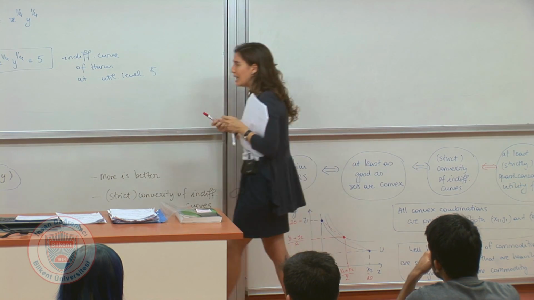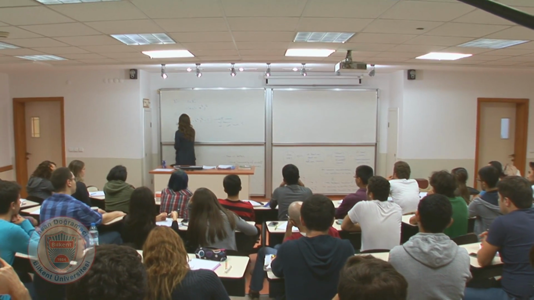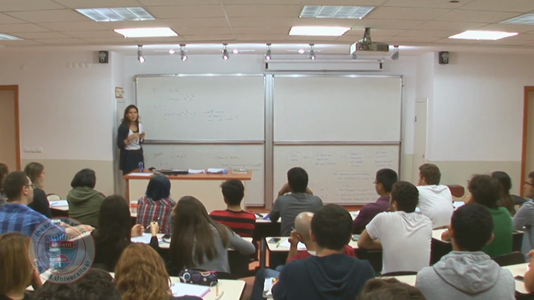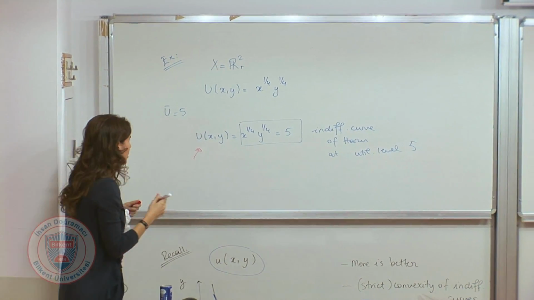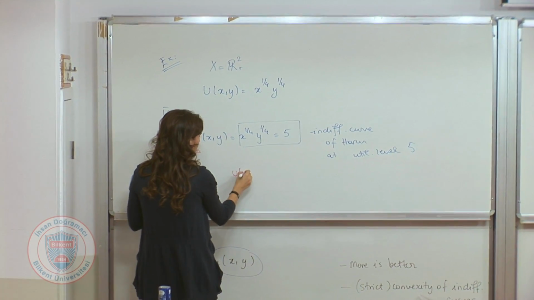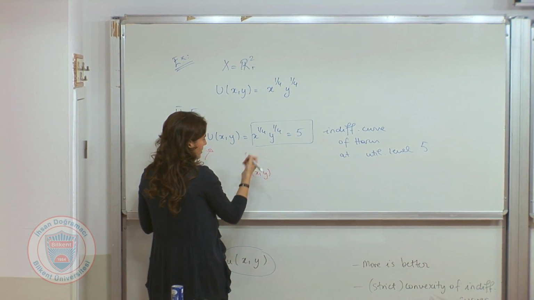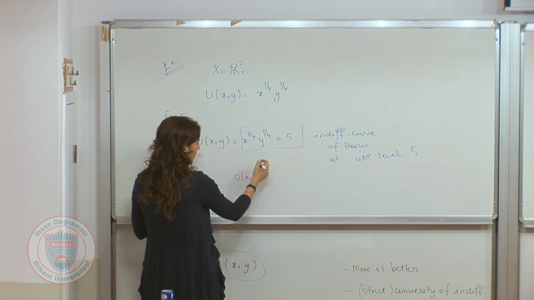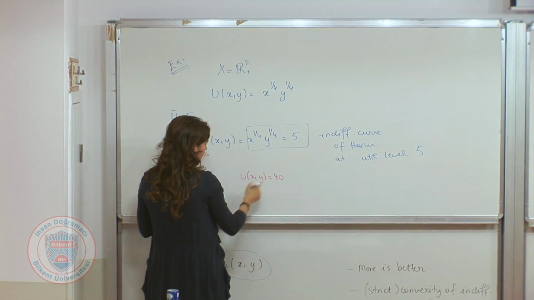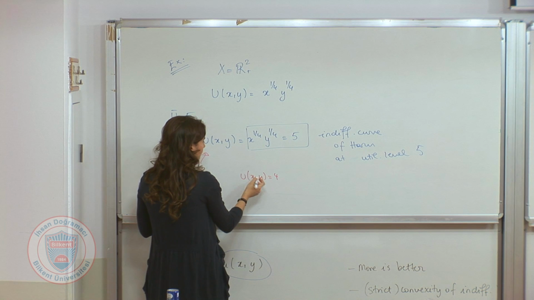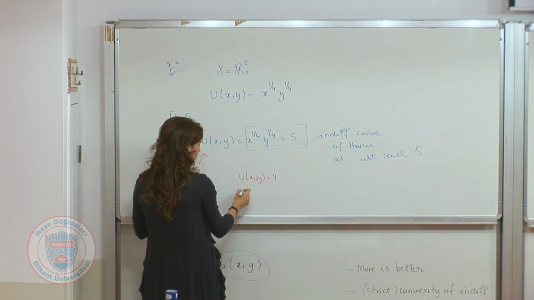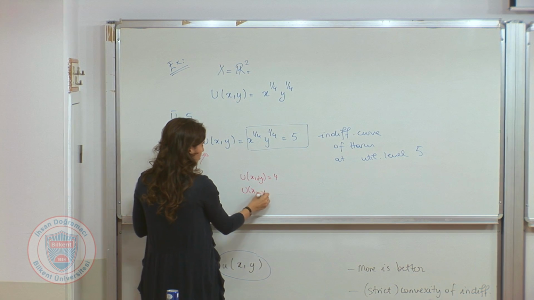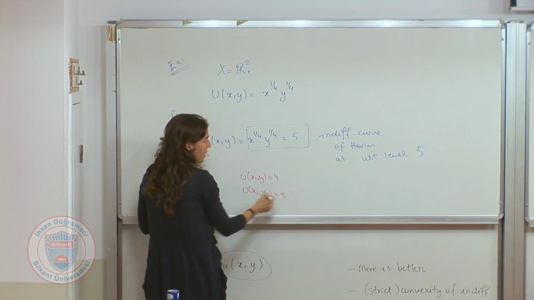Remember, what did we say? If I raise this to the power 4, do you think the utility changes? Suppose the utility of one bundle x1, y1 gives, let's say, 4, and the utility of x2, y2 gives 5.